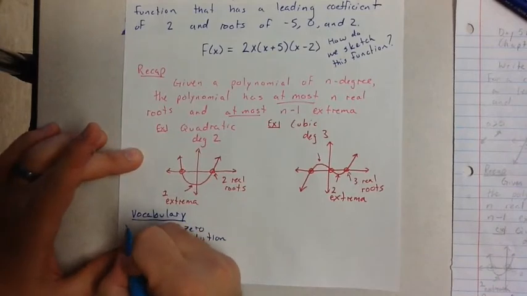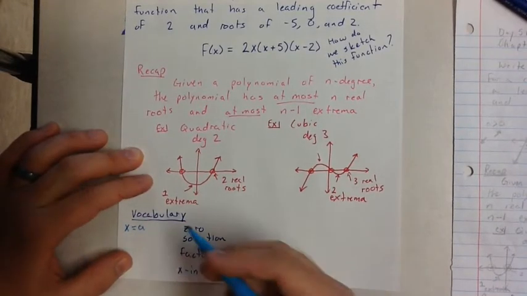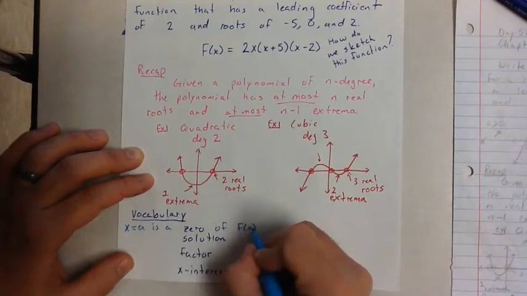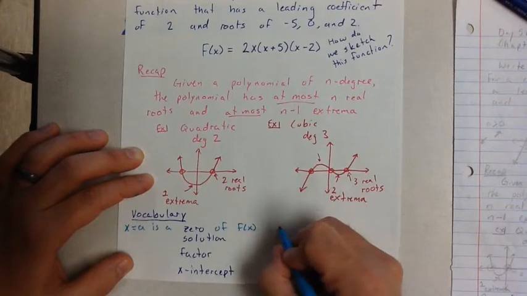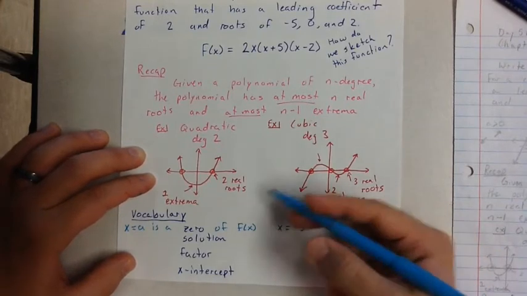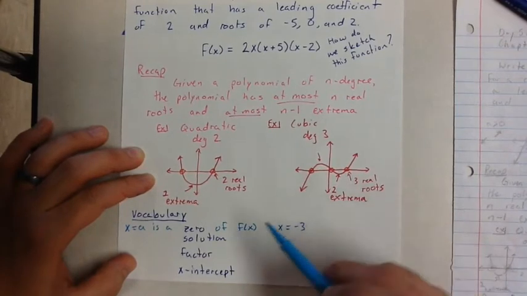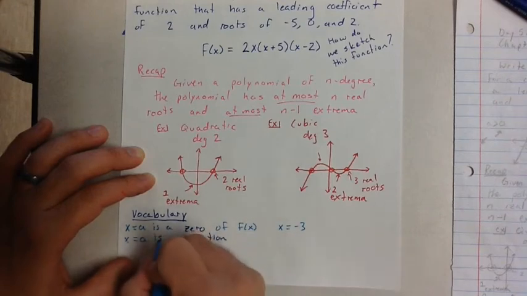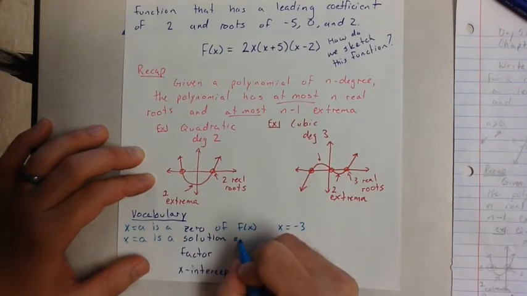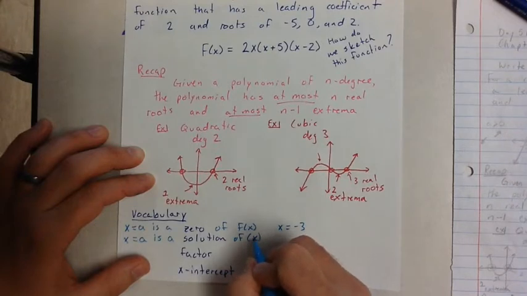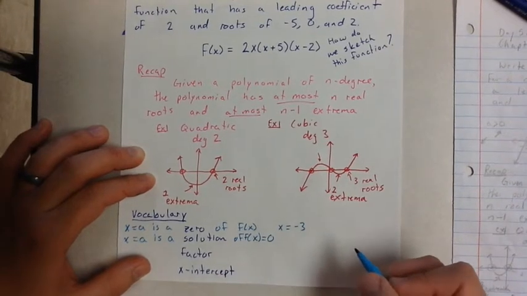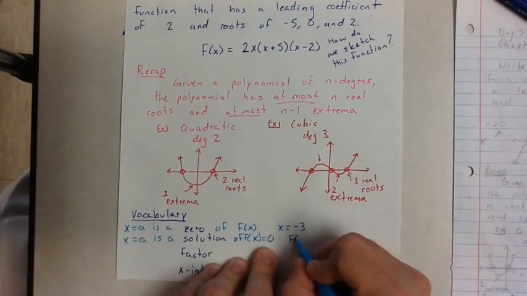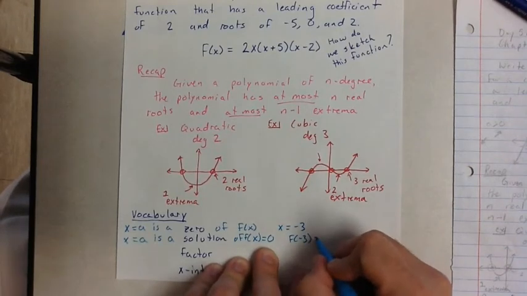So if I say that some number a is a root, is a zero of a function, let's just say x equals -3. That's our number. If I say that -3 is a zero, what that means is that this number is a solution of f of x equals 0. So if -3 is a zero, our function at that value equals 0.